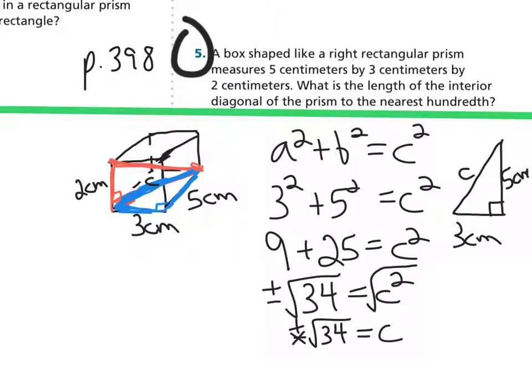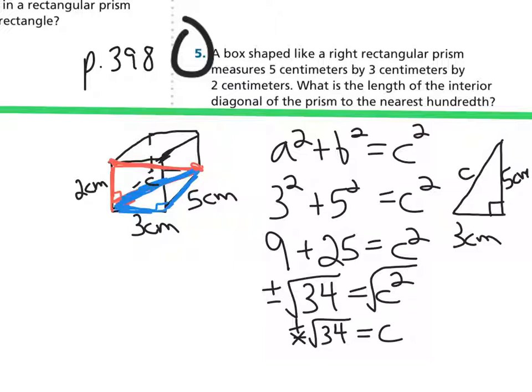Square root of 34, we could work that on the calculator just to get an idea of what it is. I know square root of 36 is 6, so square root of 34 is just going to be a little bit less than 6. Maybe like 5.8 something? Yeah, 5.803. Other than that, I'm basically just making sure that's the longest side in my triangle.